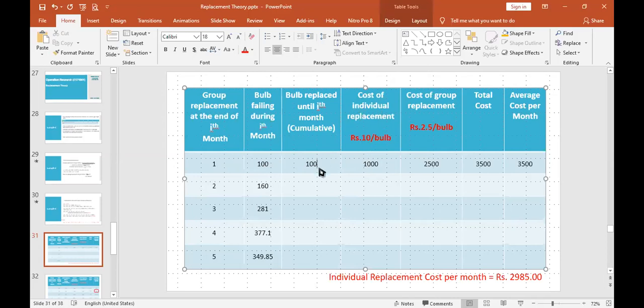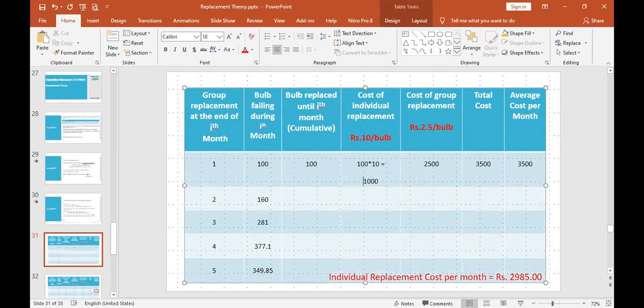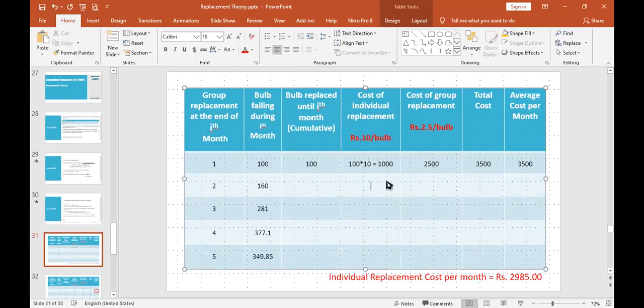So for that 100 into 10 rupees per bulb, which is 1000 rupees. So here we have to enter this value because of 100 into 10 rupees, which is 1000 rupees. Okay, and that is why the answer is 1000 rupees.